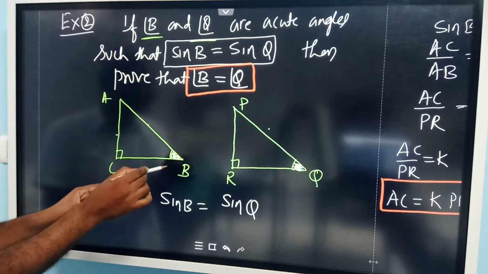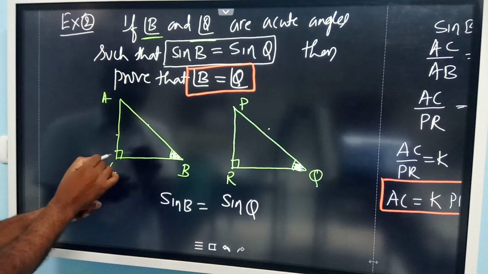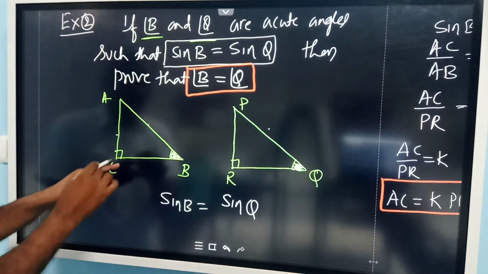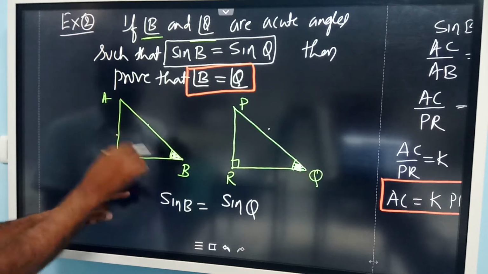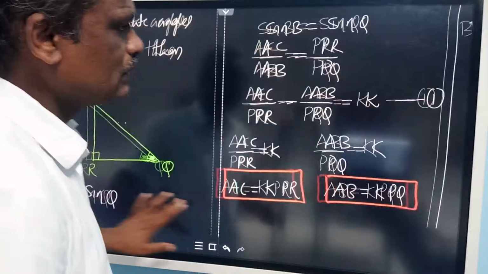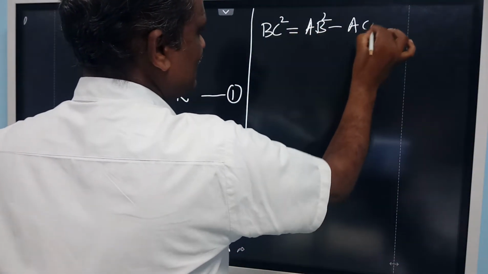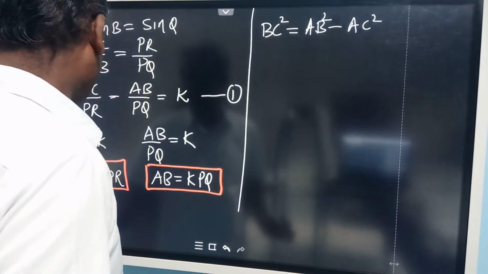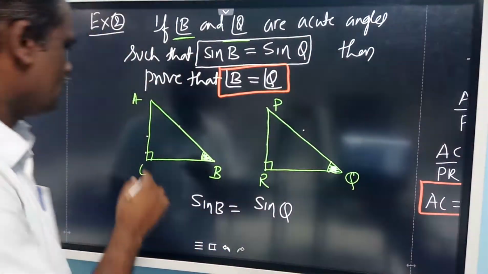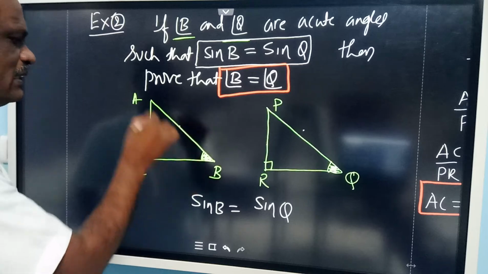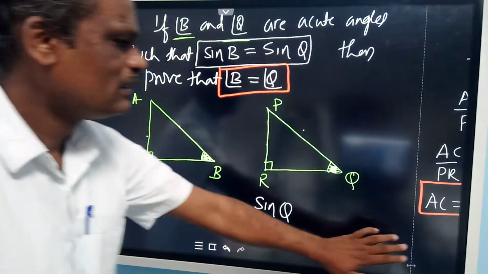This is the hypotenuse: AB square is equal to AC square plus BC square. I want BC square, it is nothing but AB square minus AC square.